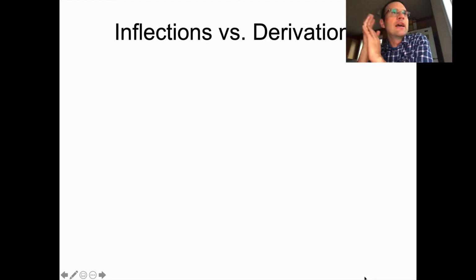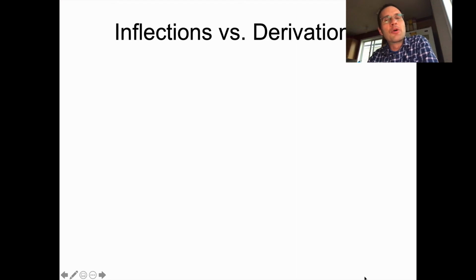Okay, so like I said, this lecture is mostly about different kinds of affixes that we see in language. And we've seen a basic kind of distinction already between prefixes and suffixes in English. We also know that other languages can have infixes and circumfixes. We don't see those as often in English, but they are still there in certain circumstances.